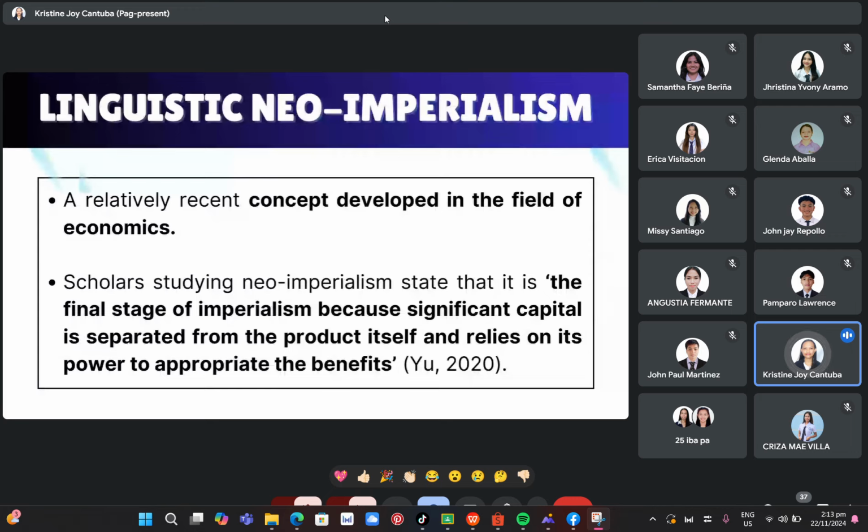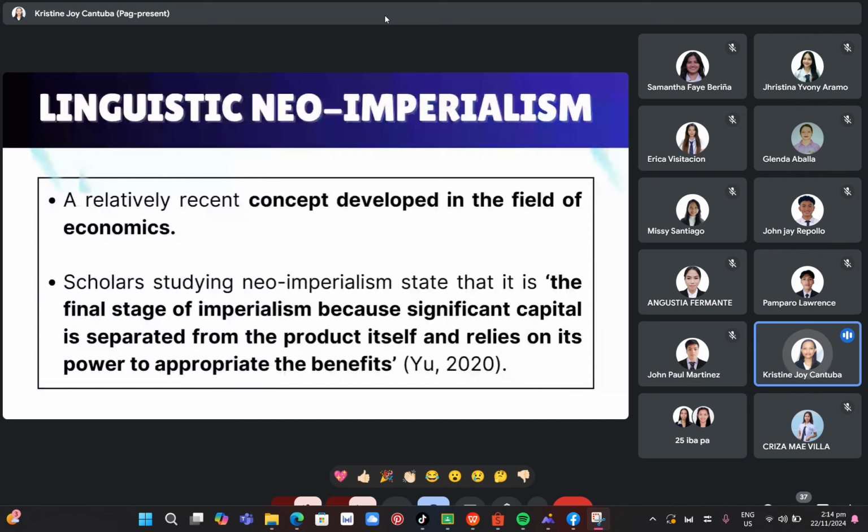So now, hindi na nila ini-impose yung language nila since the English language is already a dominant language, means that it is not necessarily necessary to impose that anymore since people would use that language voluntarily, if they want to be included, as what Sam also said in the last meeting, in the modernization.